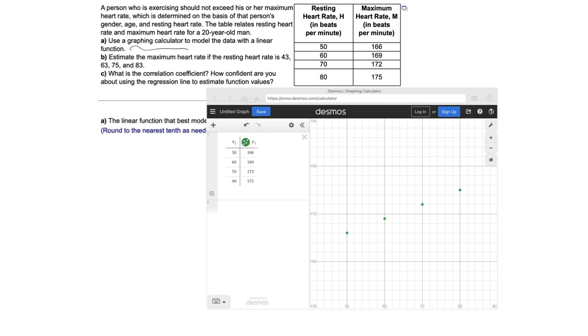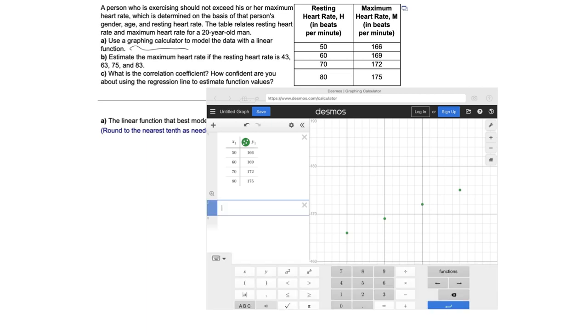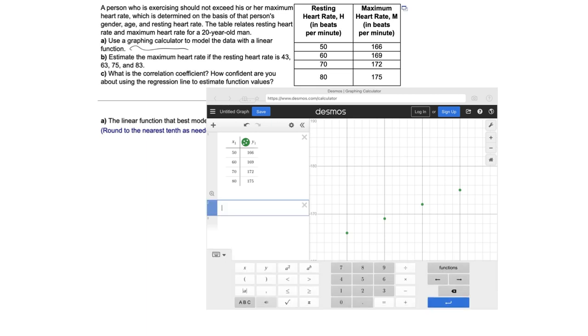Now what I want to do is tell Desmos to use regression, or to model the data. To tell Desmos you want to model this data, you type out a function, and I think this is linear, so we'll use a linear function.